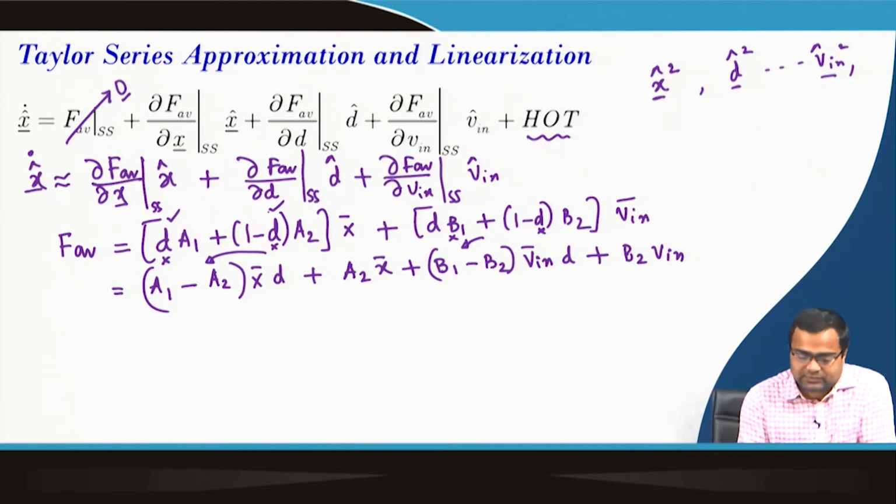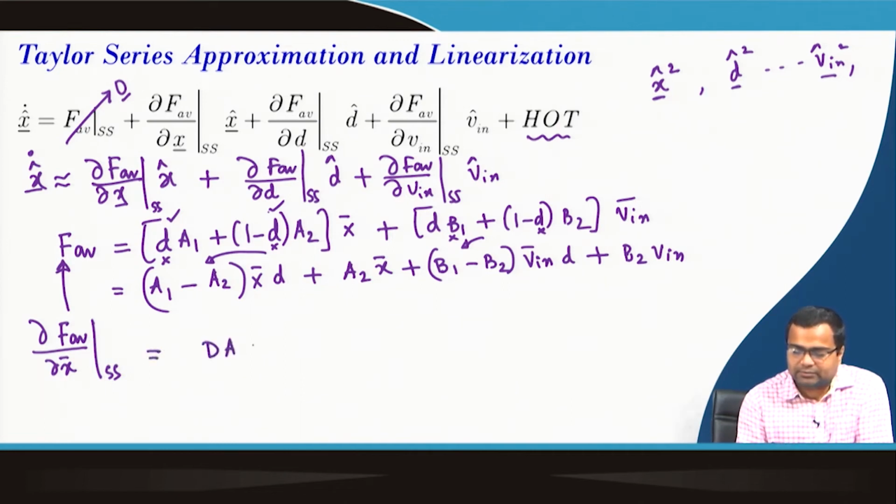Now, if we want to find dou f average by dou x at steady state, from this equation we can straight away write that this is simply d into A1 plus 1 minus d into A2, because it is under steady state.